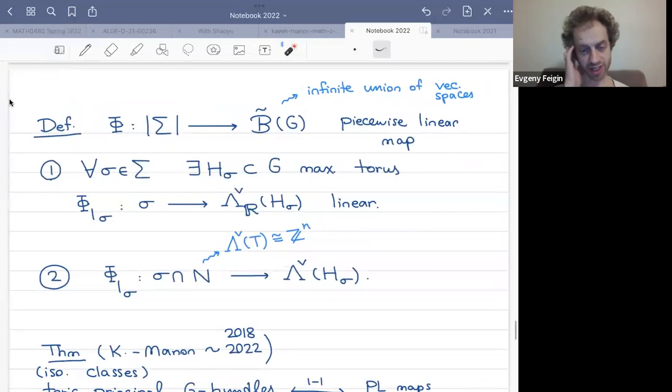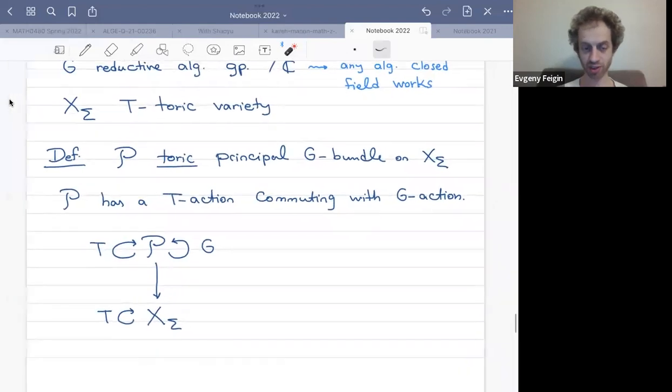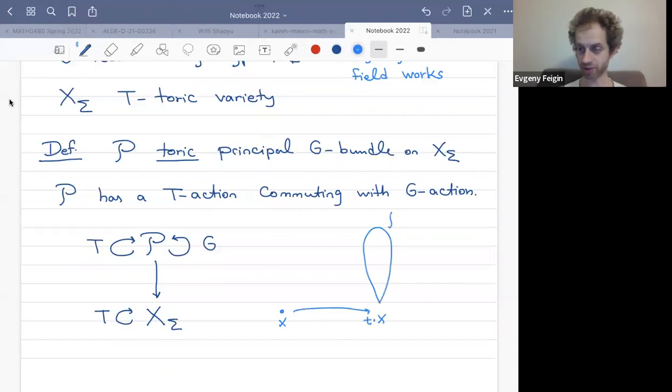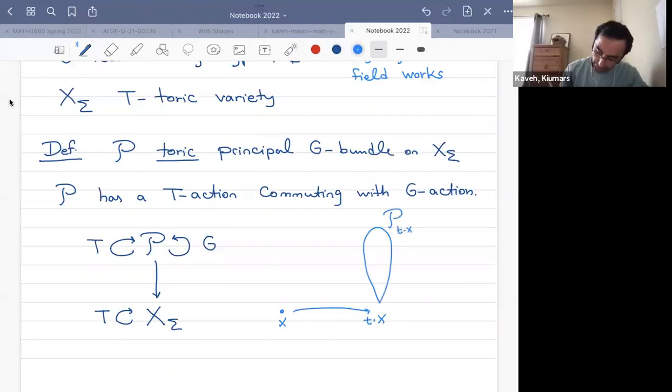So do I understand correctly that this condition of T commuting with G means that you can take any point from a fiber in P, and if you know where this point is mapped by T, then you know where the whole fiber is mapped. Is that right? Yes.